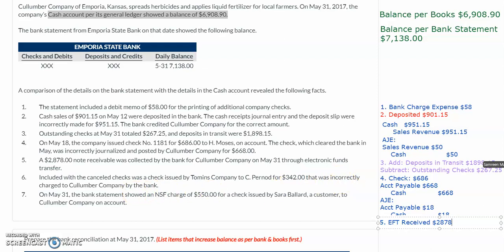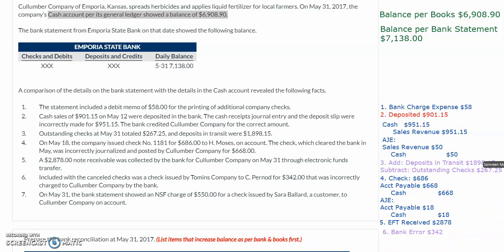So this one is actually going to be a bank error because it went into the wrong account. So number 6 is a bank error of $342.